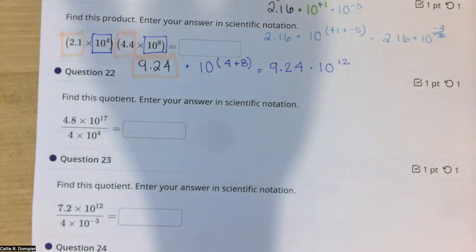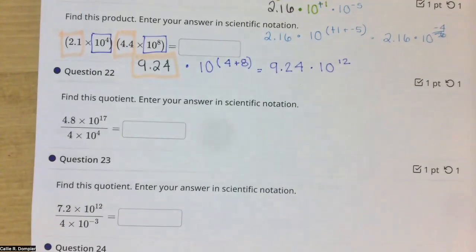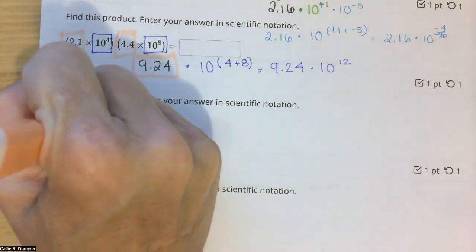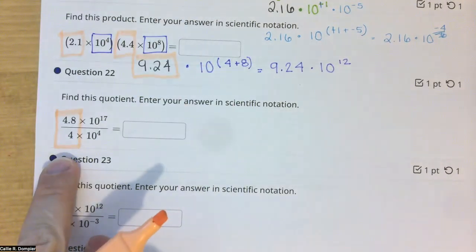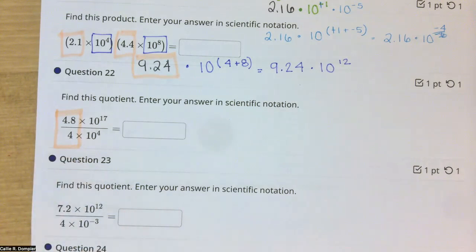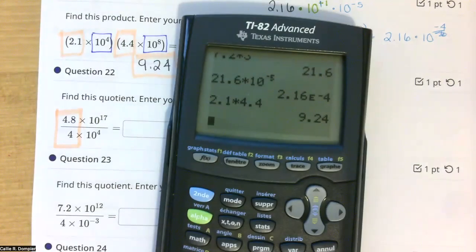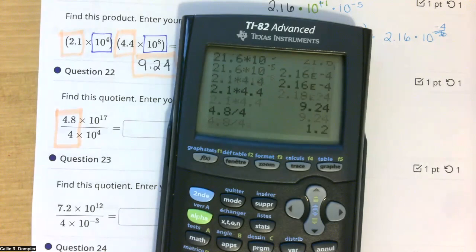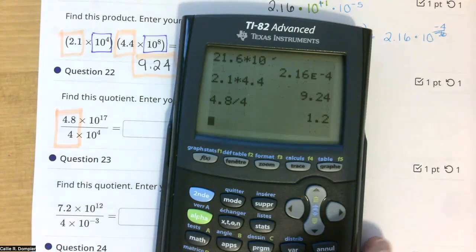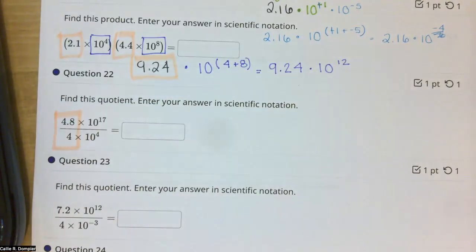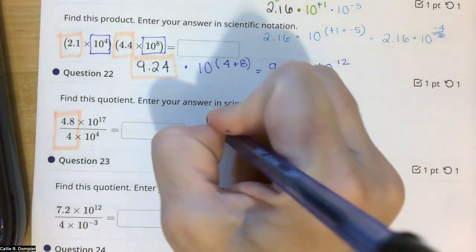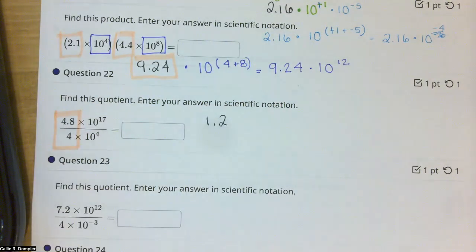Find this quotient, enter your answer in scientific notation. Again, you're doing the same thing, okay? First of all, you're welcome to do it in Desmos, but you're taking your left side and saying 4.8 divided by 4, which is 1.2.